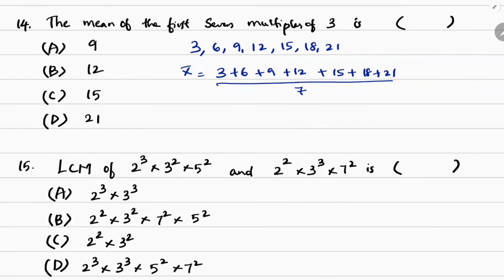If you keep on adding, you'll get 3 plus 6 plus 9 is 18, plus 12 plus 15, 45, plus 18 plus 21. So it is 84 by 7. 7 times 1, 7 times 2. So correct answer is like 12. B.